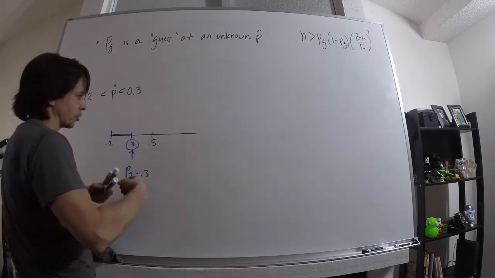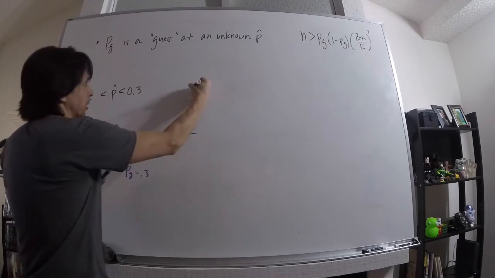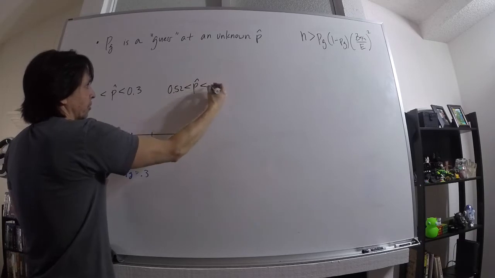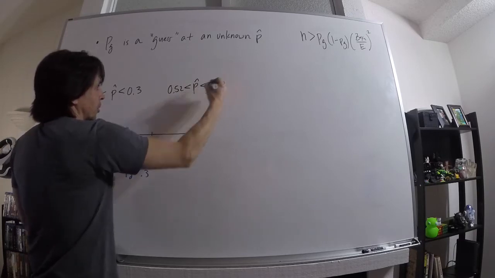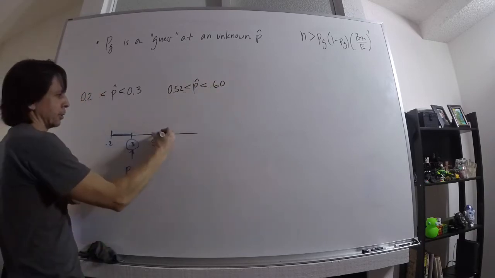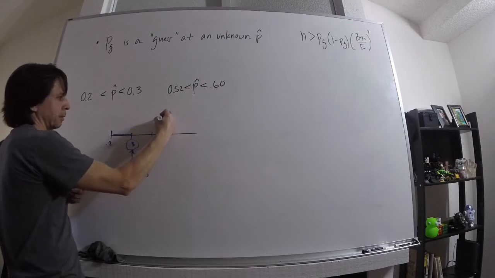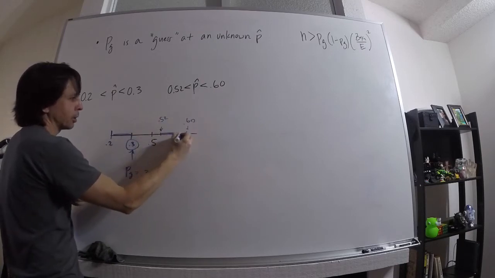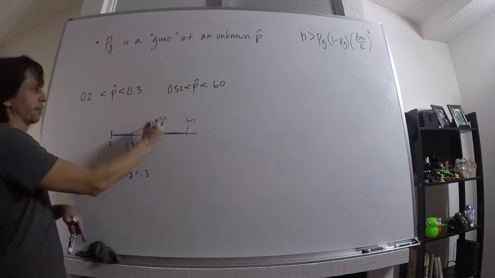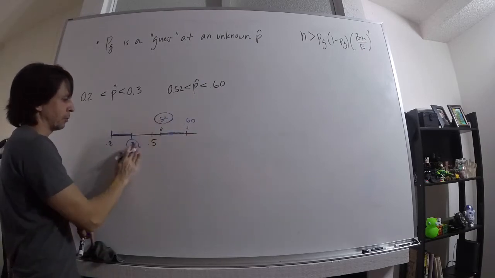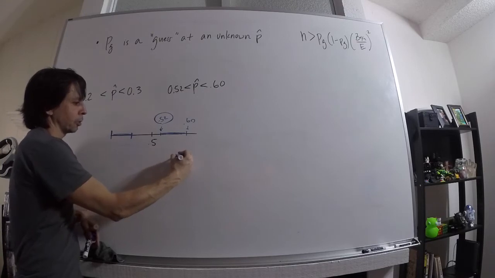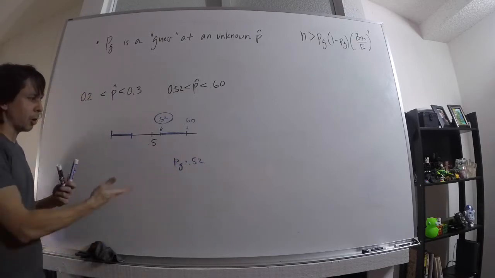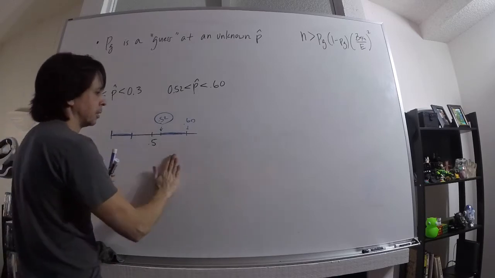If you have an interval where P hat is between 0.52 and 0.6, that's right here to here. For some reason you know it's in that interval. What should you pick? You should pick PG equal to 0.52 this time. That'll be your guess. Always something closest to 0.5.